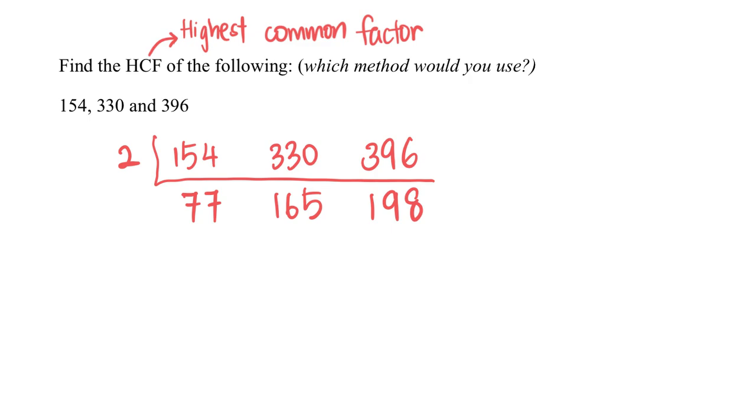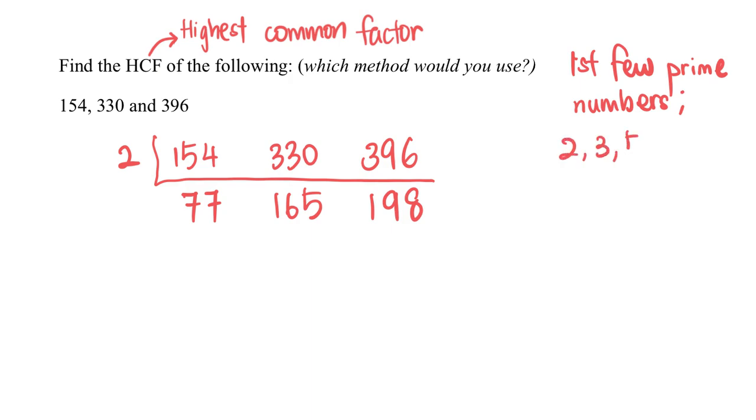Then I start to think about what is the next prime number that I could divide all of them with. At this point, at the back of your mind, it would actually be good to list out the first few prime numbers: 2, 3, 5, 7, 11, 13.